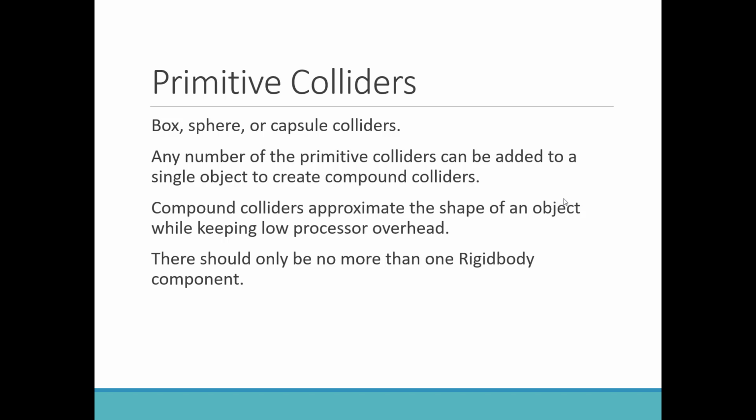So you can use that easily to approximate the shape of your object and reduce the calculations at runtime. While you can have multiple primitive colliders on your objects, there should only be one rigid body. Make sure that each object that you have only has one rigid body. That means also including with the children.